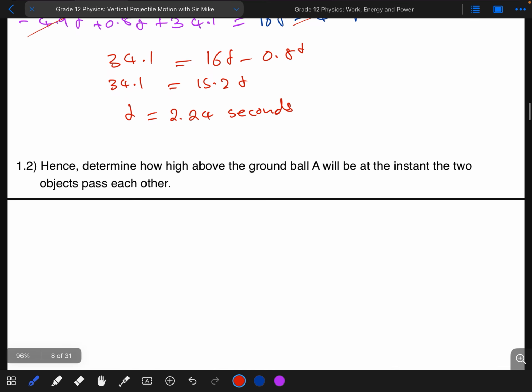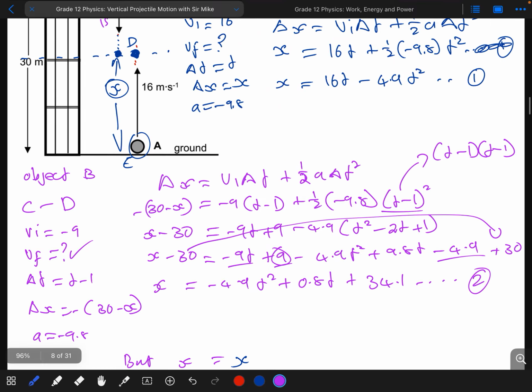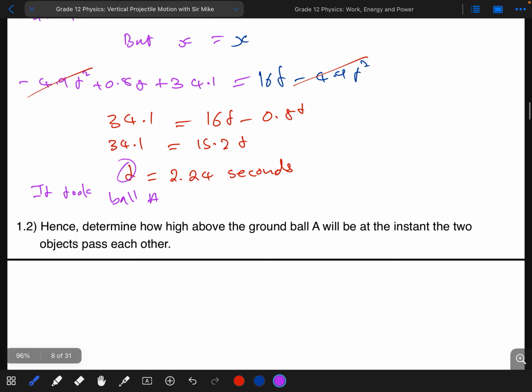So the time t there is how long it took object A to pass object B.